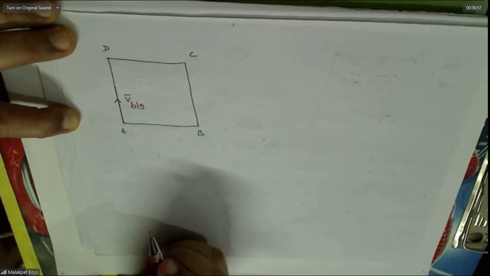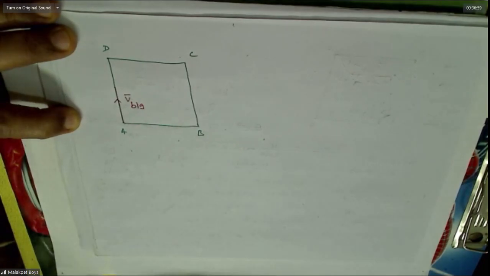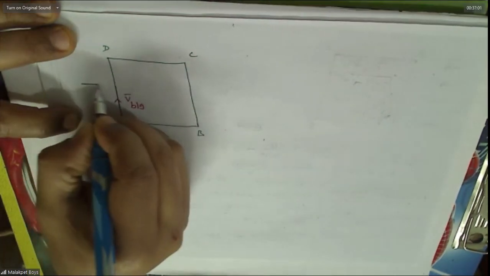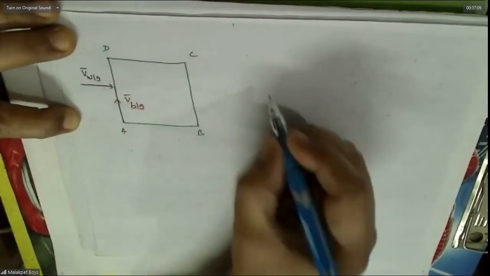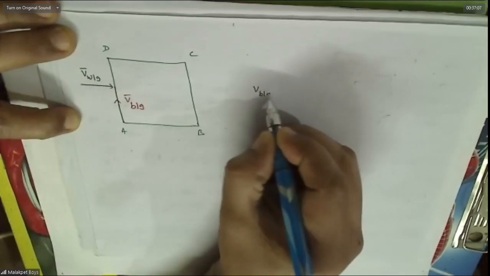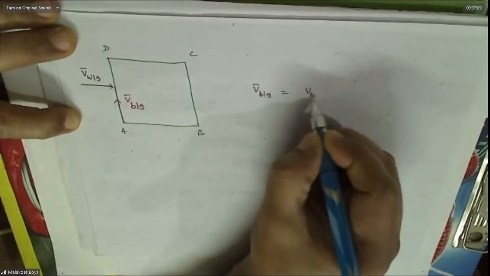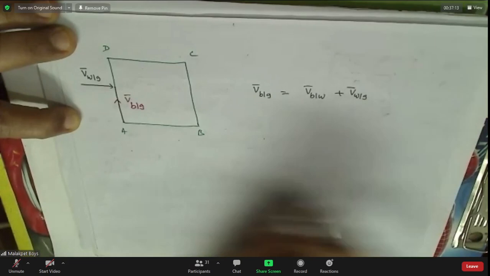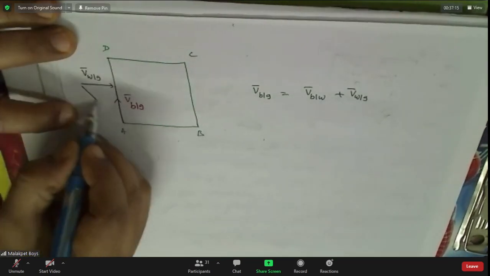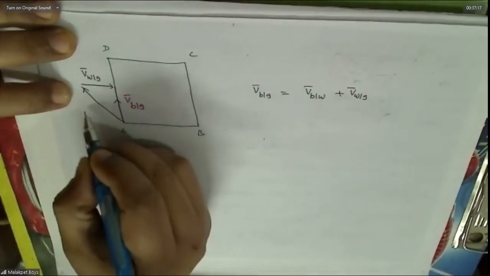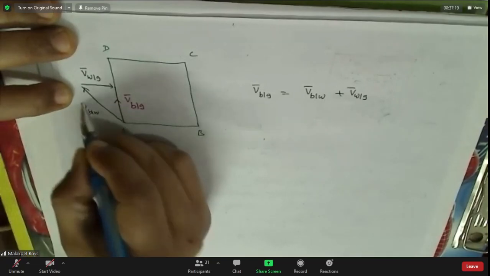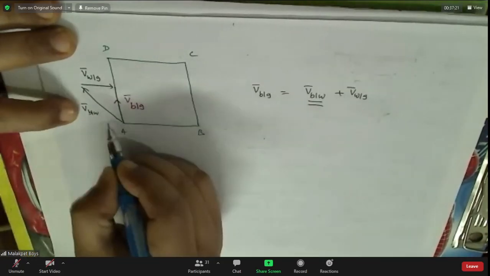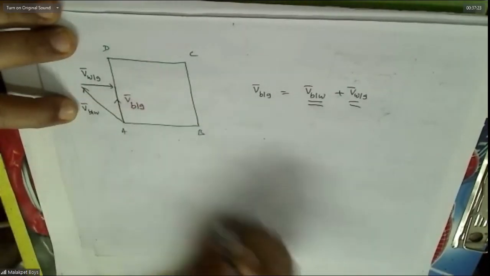Now you know this is velocity of wind with respect to ground. Velocity of bird with respect to ground is velocity of bird with respect to wind plus wind with respect to ground. That means the other third vector should be this, because this plus this gives you this, or not?